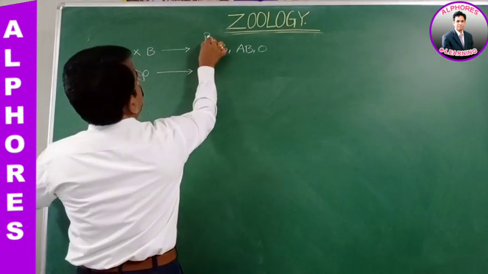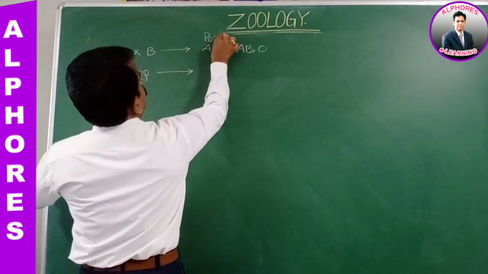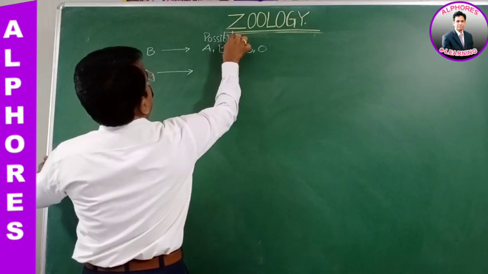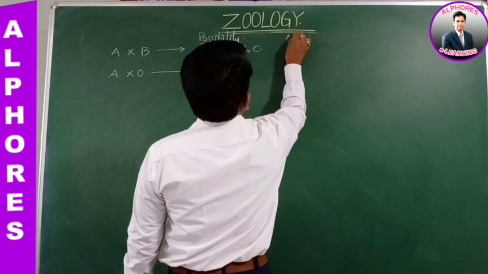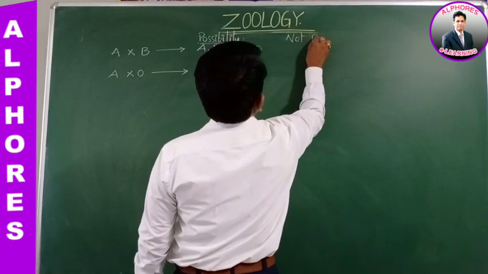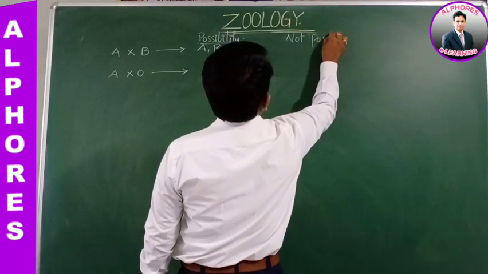This is a possibility of the blood group, and another is not possible. Not possible.